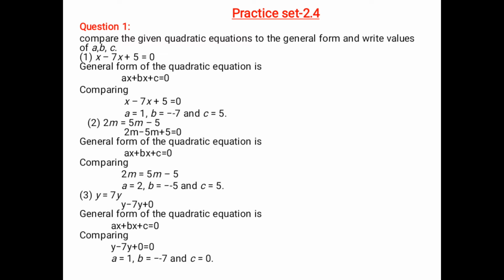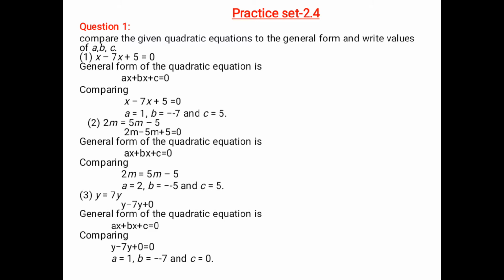Compare the given quadratic equation to the general form and write the values of a, b and c. Example number one: x square minus 7x plus 5 is equal to 0. The general form of the quadratic equation is ax square plus bx plus c is equal to 0.